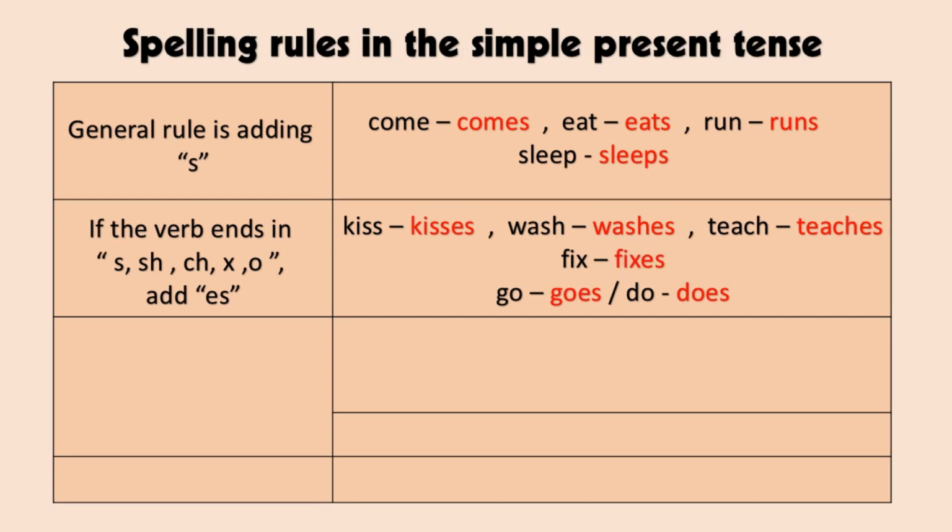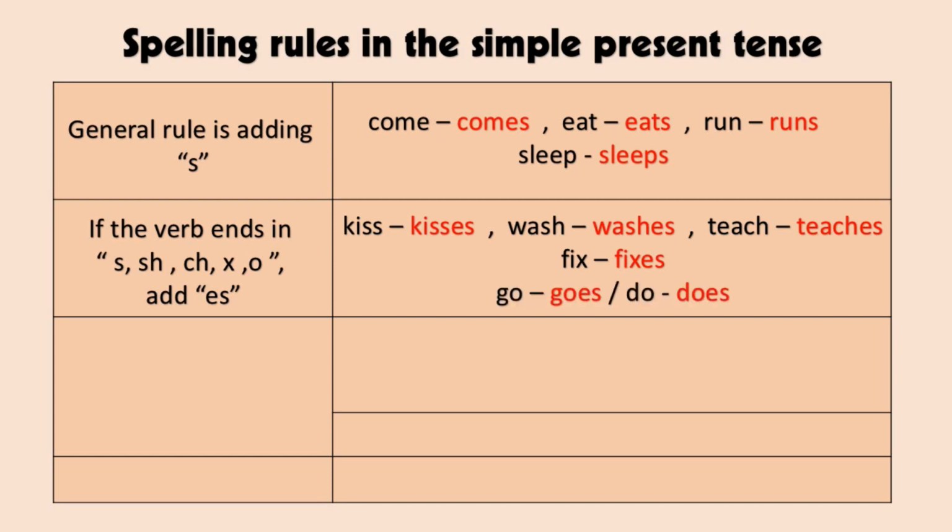When we listen to the words, also we can notice the s sound in such words like kisses, washes. S sound is clear, right? Apart from that, there are two verbs which we mainly use, go and do. They also take es at the end when they change into singular form. Go becomes goes, do becomes does.